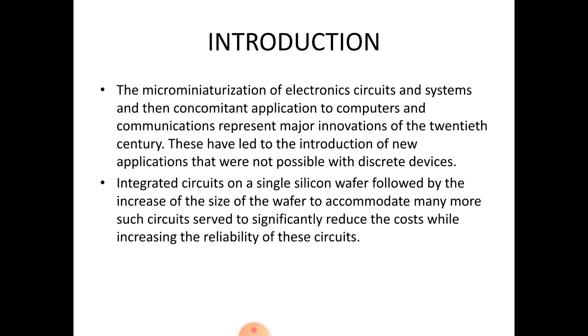Insulator means it does not conduct the current. The examples are glass and wood. The next is semiconductor. A semiconductor partially conducts current, so it can act as either a conductor or an insulator. The examples for semiconductor are silicon and germanium.